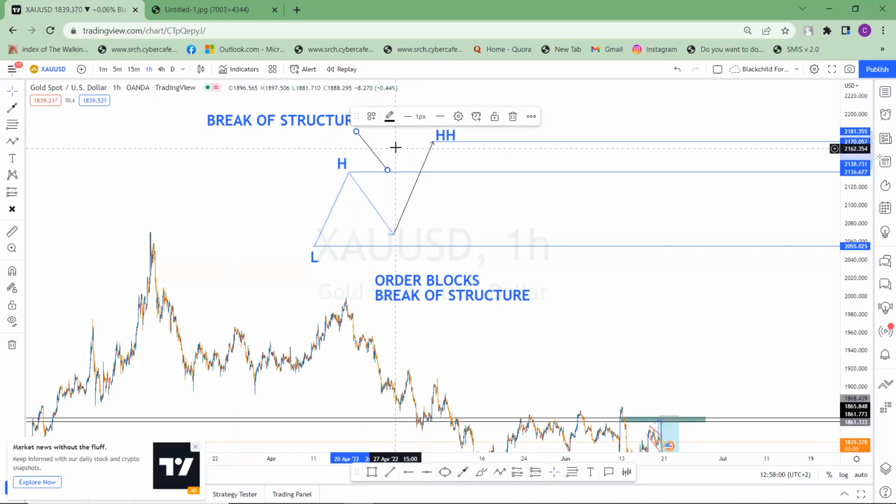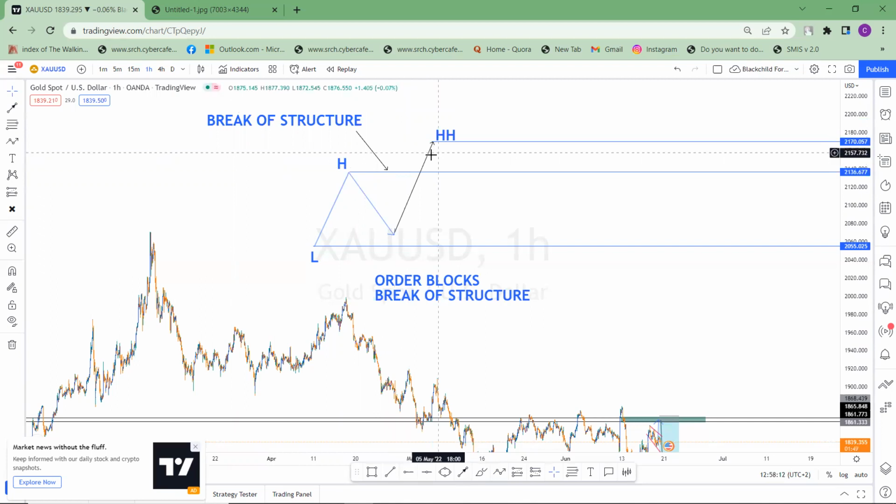I'm pretty sure you guys are following. Whenever a structure has been broken like this, it's actually telling us that this commodity is going to sell higher, and even higher and even higher.